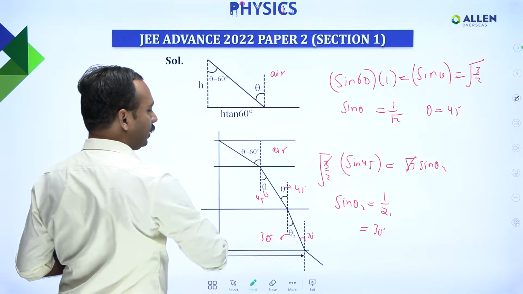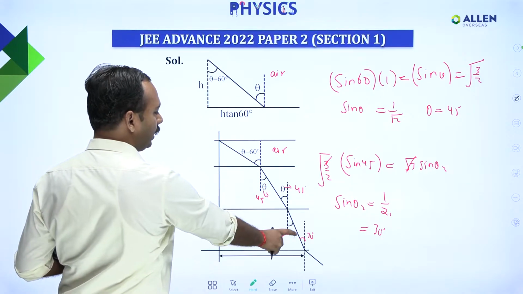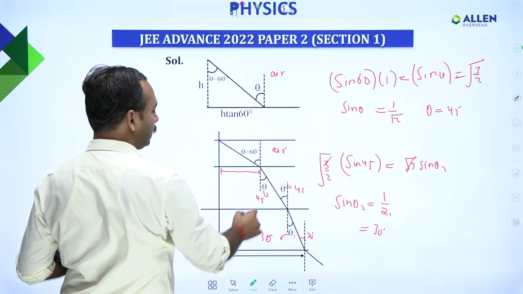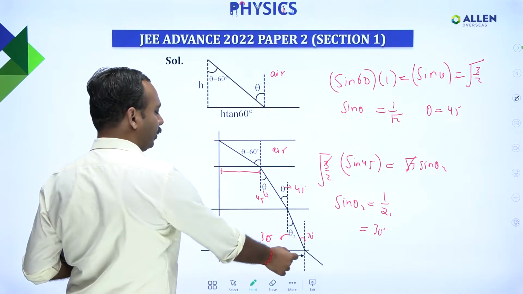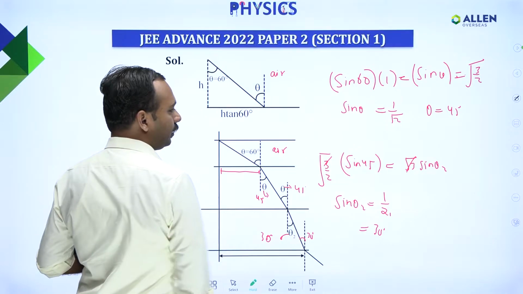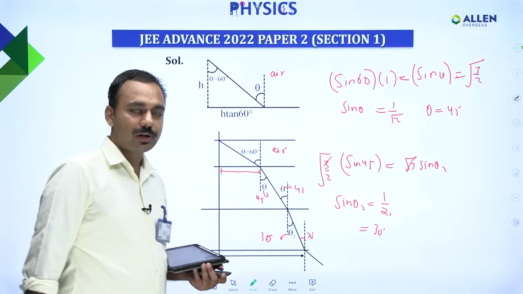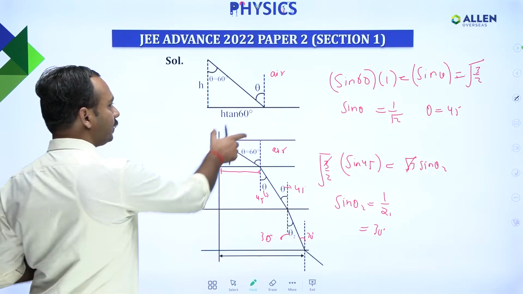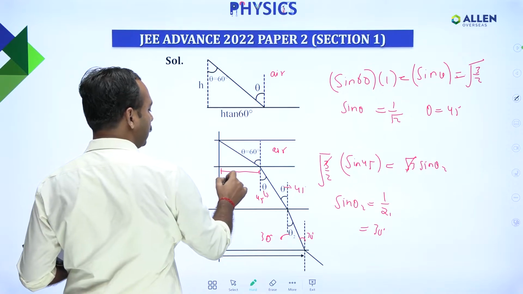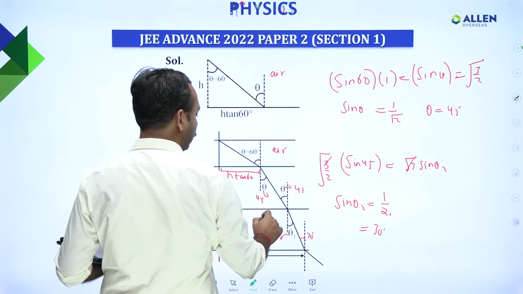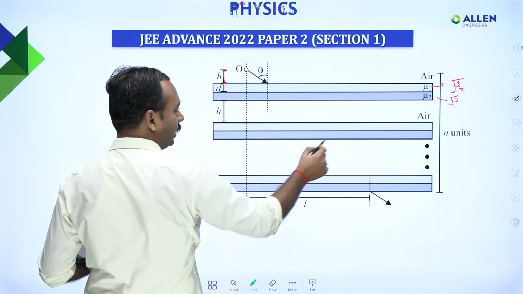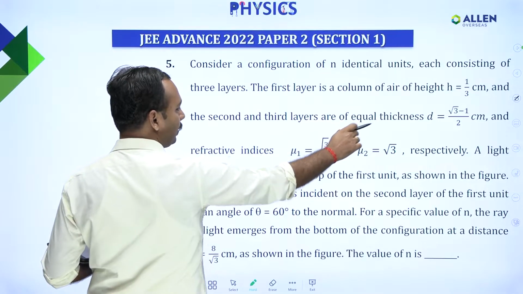So this is only for one combination. If we calculate the total length, let this be first, second and third. If we calculate every one of these lengths, then we can calculate the distance the first section can make us travel. So for the first, this is H by cos 60, this is T by cos 45. The thickness D they have mentioned, no? Thickness is D, root 3 minus 1 by 2.